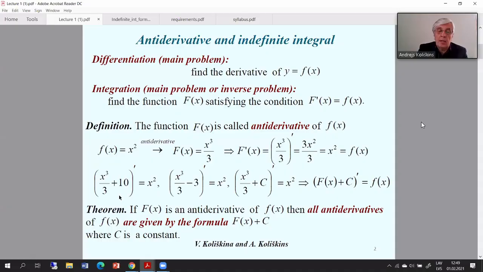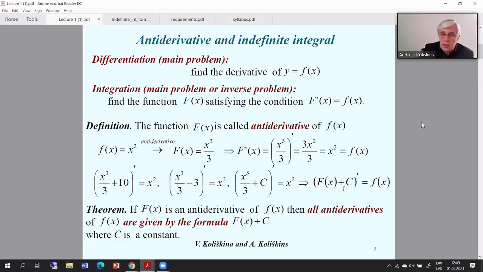And I can even choose an arbitrary constant c. Taking into account that the derivative of c is 0, this is what you get. So this is our first conclusion: if you know the derivative of the function, you cannot uniquely reconstruct it. There is always this arbitrary constant that needs to be added, okay?